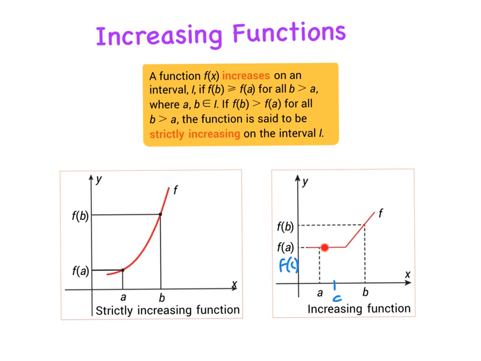So this one is an increasing function, but not strictly, because we have some y values that are the same even as the x values increase. We'll see the same now for decreasing functions.